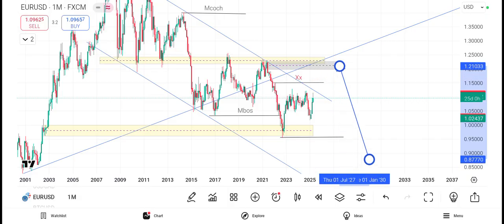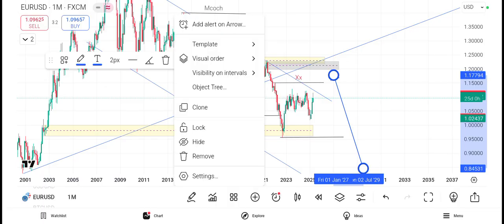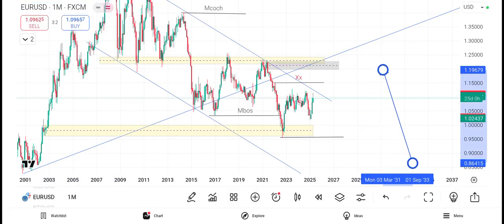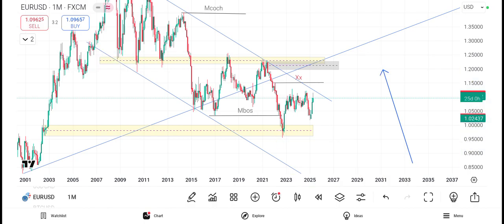In as much as we are anticipating buys to this side, our breakout structure is not yet confirmed. Let's delete this. Sorry for that.